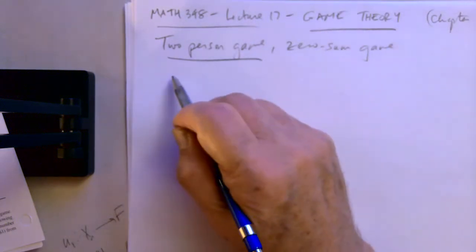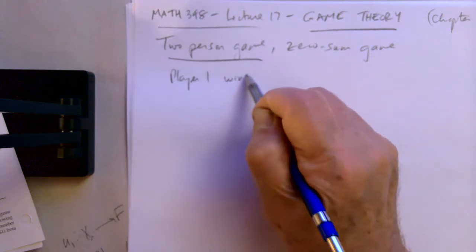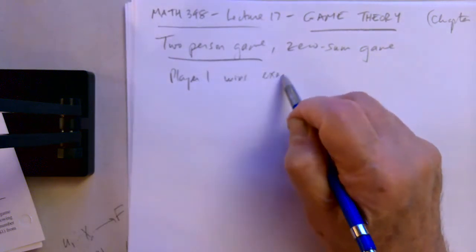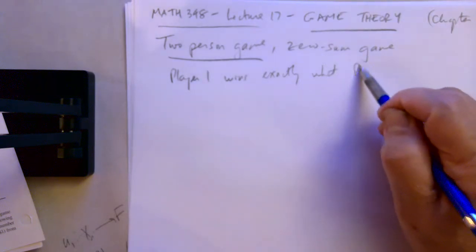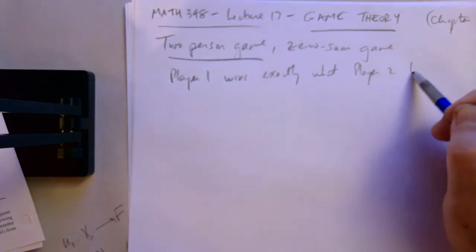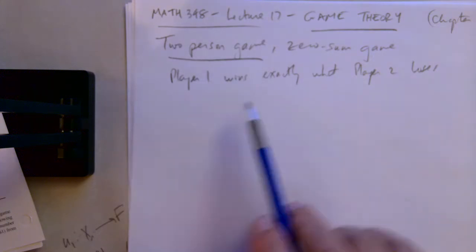So what this means is player one wins exactly what player two loses. Of course, a win can be positive or negative.